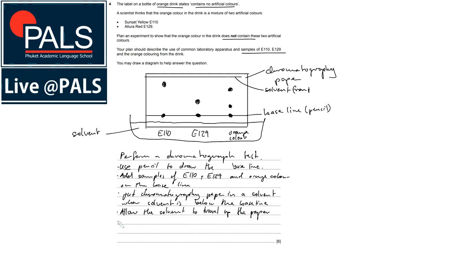And then we use a ruler to measure the distance traveled by the solvent front and the three colors.